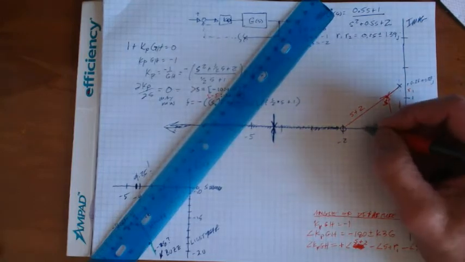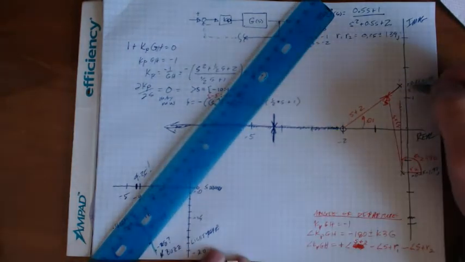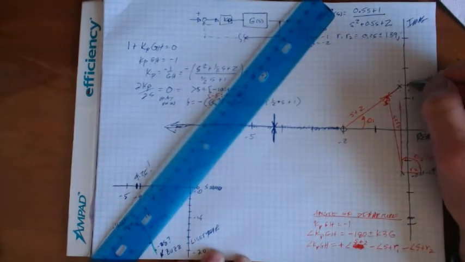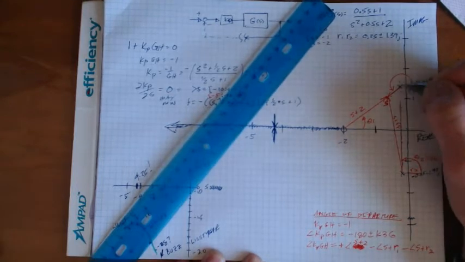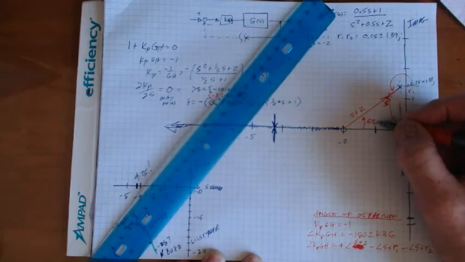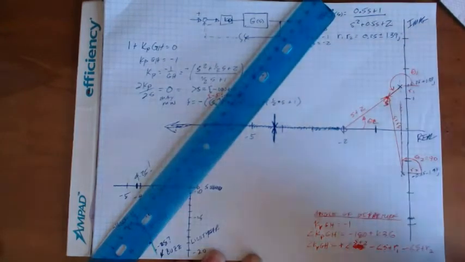So whatever angle this is, let's call this theta Z, sorry, not theta 1, theta Z, because this one I want to call theta 1.